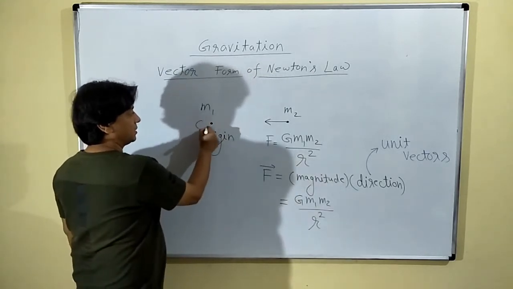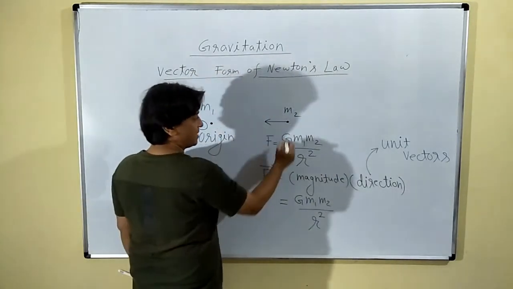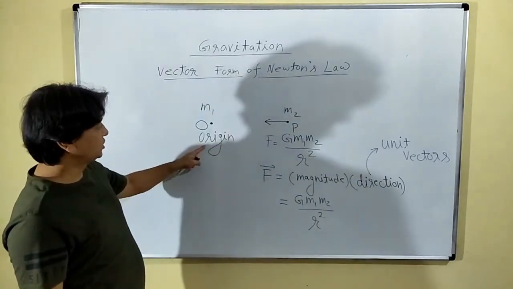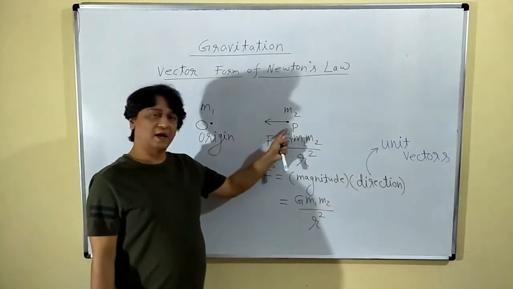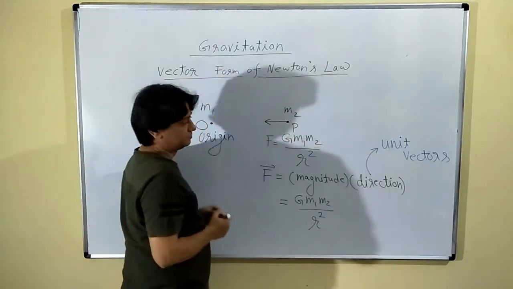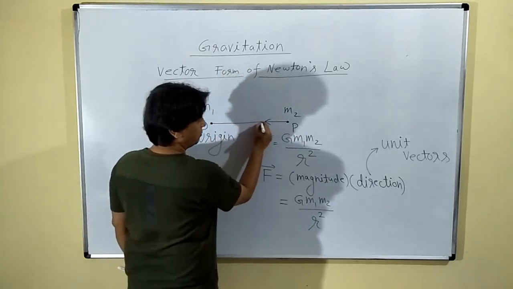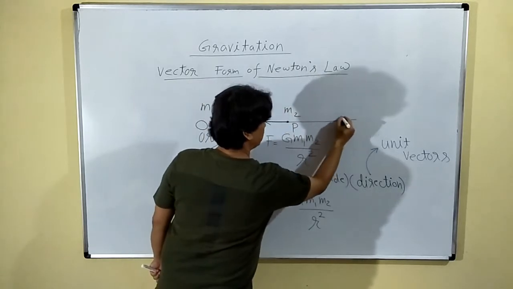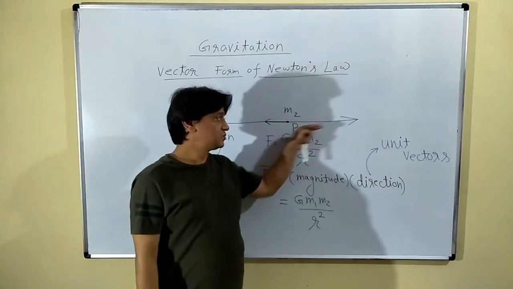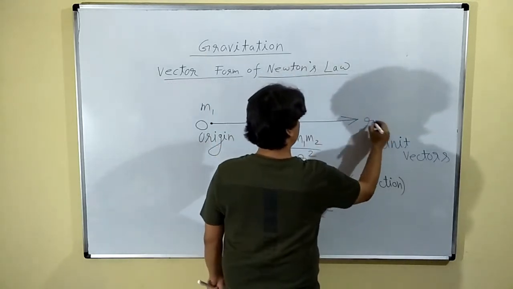Let's say origin is represented by O. Position of M2, let's call it P. Origin is O and M2 is at point P. From O to P, if I join P with O and continue like this, then this direction is called R cap.